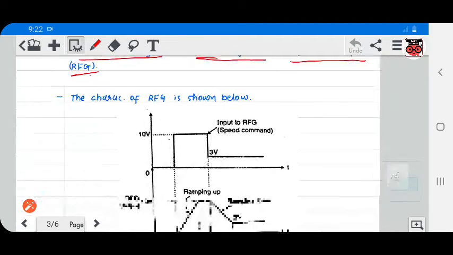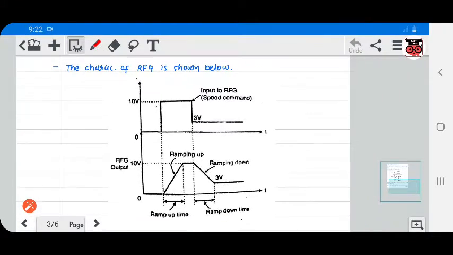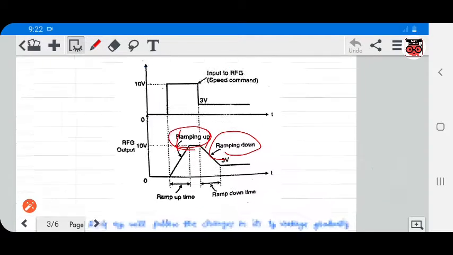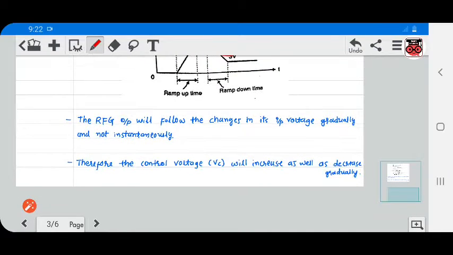The characteristic of the RFG is shown below, where you can see the ramping up and ramping down, how this is generated. The RFG output will follow the changes in its input voltage gradually and not instantaneously.